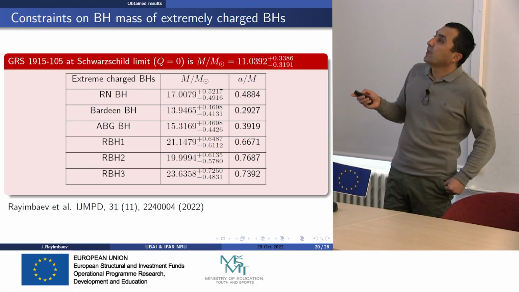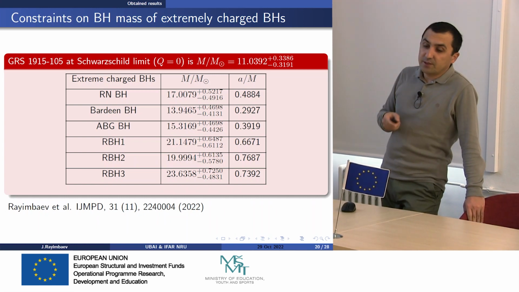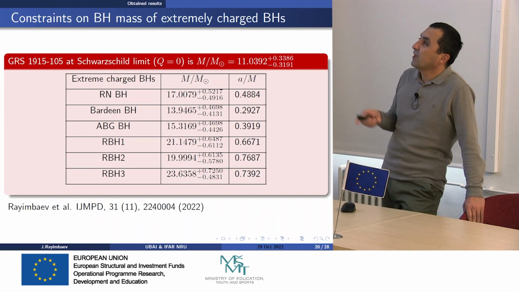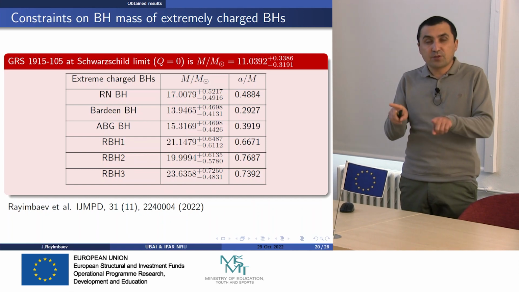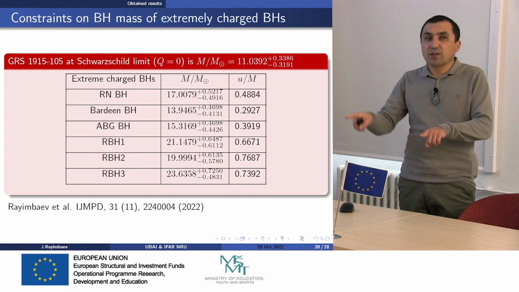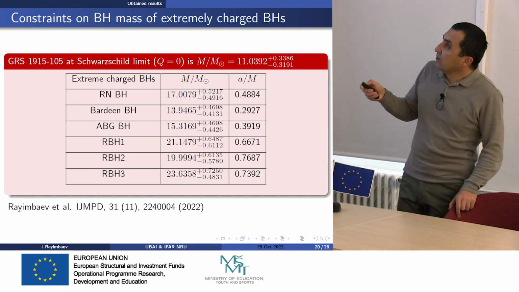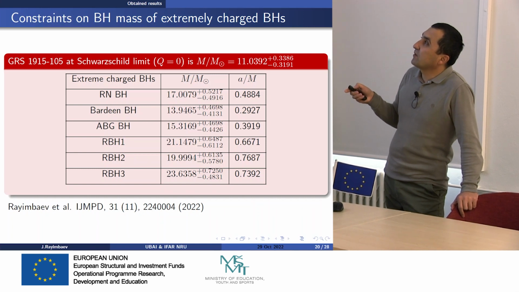So here, as we told, there is a degeneracy, mimicking effects between the charge and the spin of Kerr black holes. We compare the upper and lower frequencies for the charged black hole and the spinning black hole, and the charge can mimic the spin of the Kerr black hole up to these values.